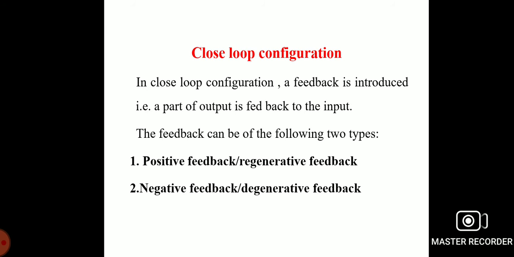Now the negative feedback, that is degenerative feedback: if the signal fed back to the input and the original input signal are 180 degrees out of phase, this is called negative feedback. In operational amplifier applications, negative feedback is used.